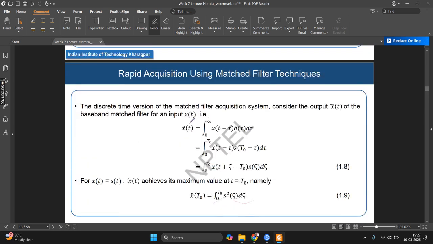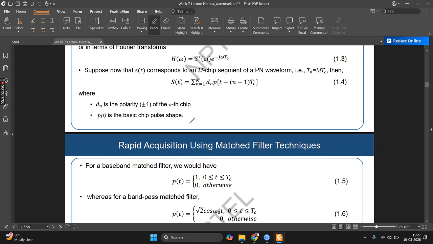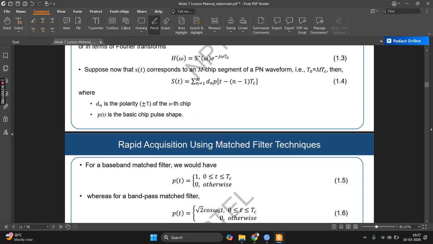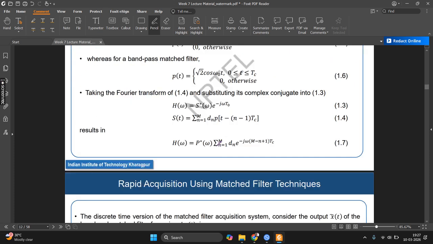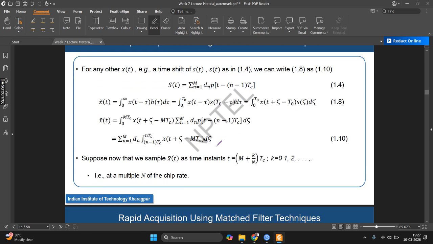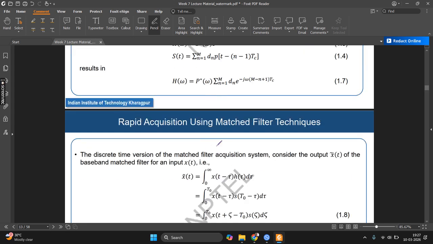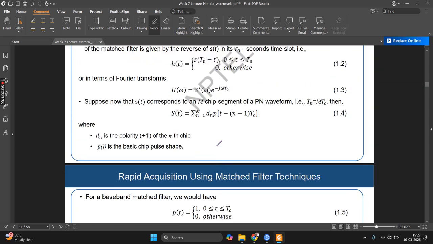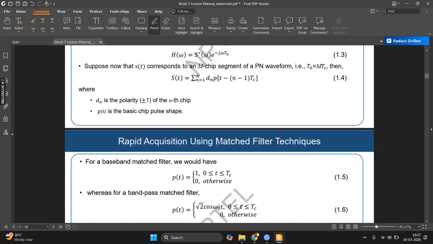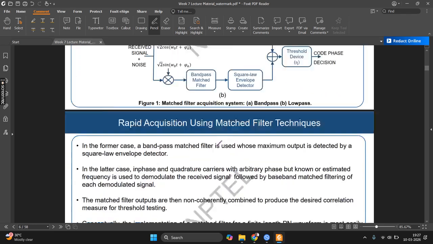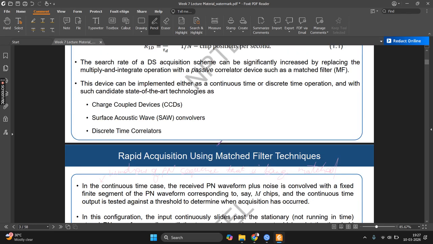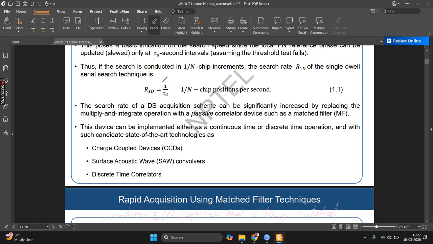The previous integrate and add correlation that we have used had a search rate of 1 by tau d.